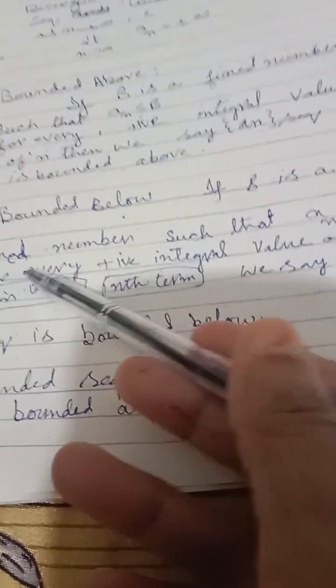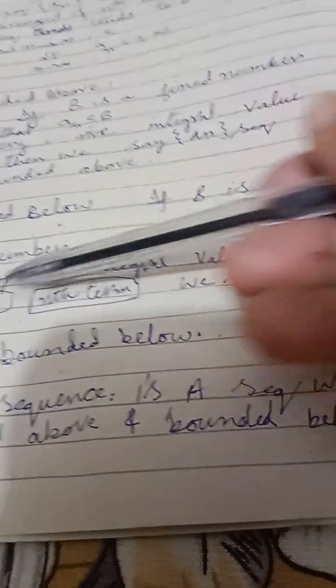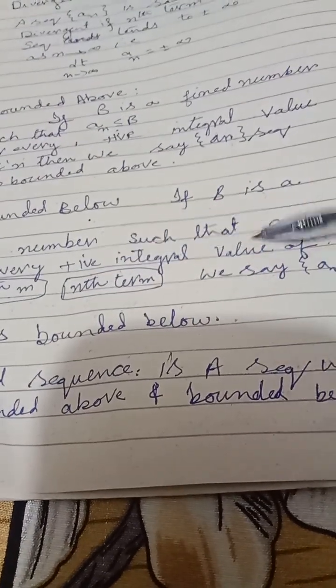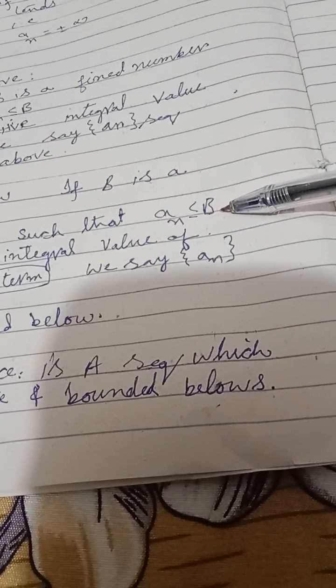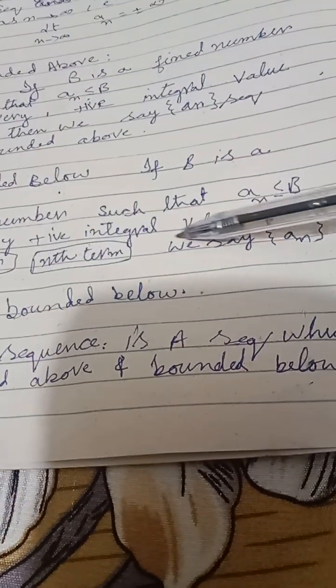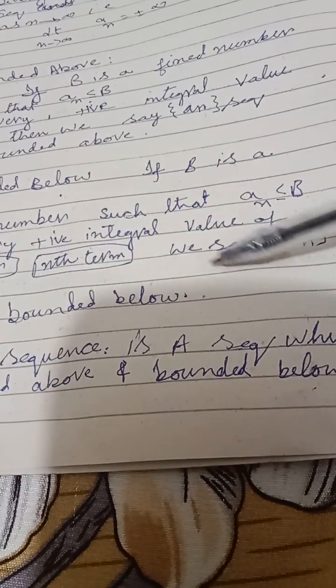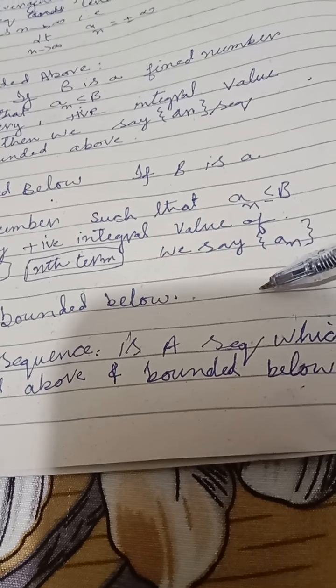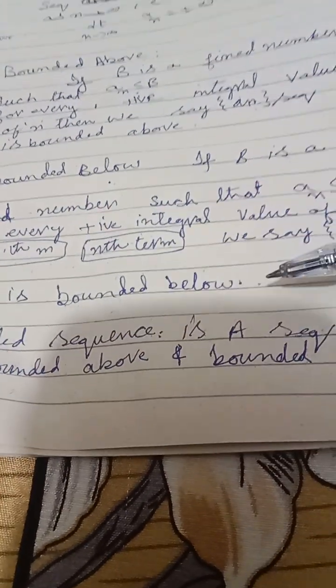If b is a fixed number such that a similar condition holds, like 1/(n+1), whether positive or negative, it is bounded; we cannot write 1, 2, 3 for it, so this is our bounded function. If b is a fixed number such that an is greater than or equal to b for every positive integral value of n, we say the sequence an is bounded below.